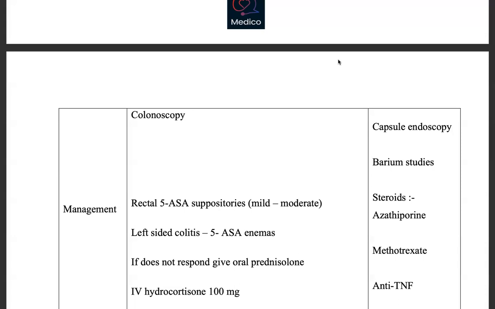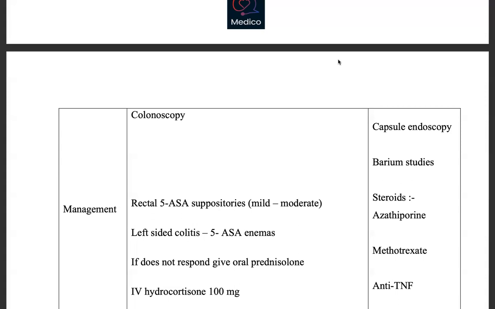And also, as I said earlier, host immune response also comes into play. Therefore, there's a place for anti-TNF antibodies, anti-tumor necrosis factor antibodies, which you can start.